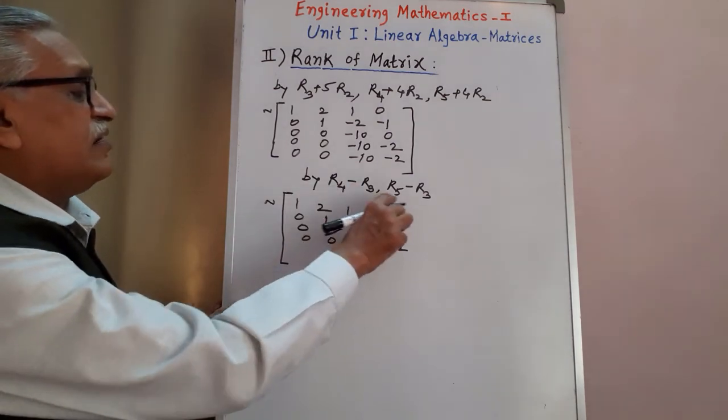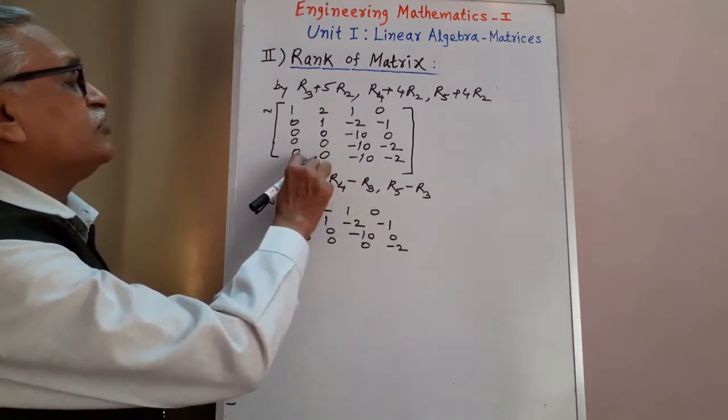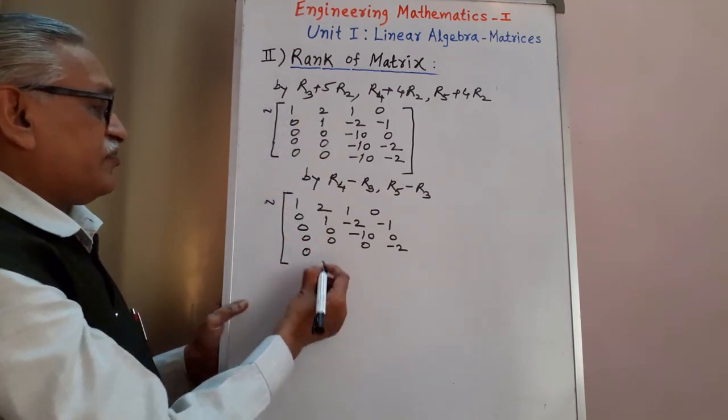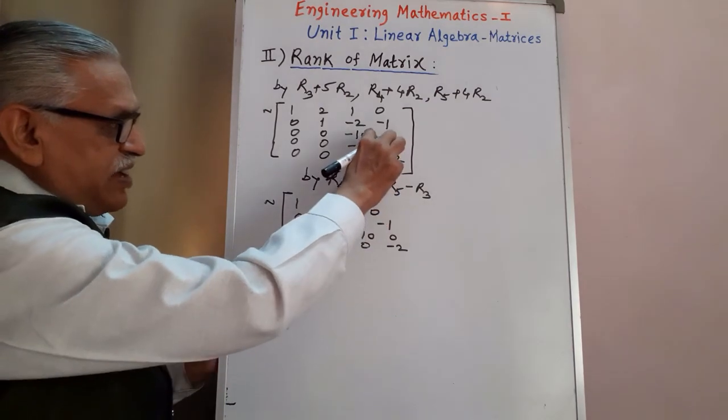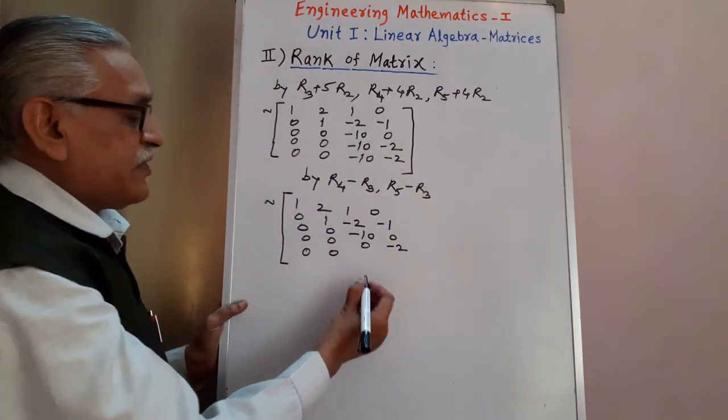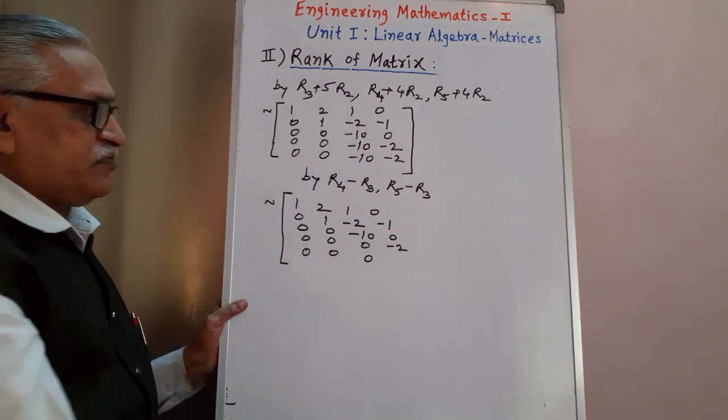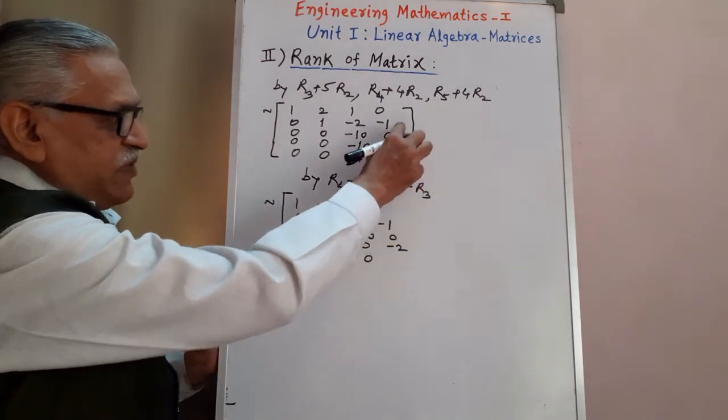And then R5 minus R3, 0 minus 0, 0 minus 0, minus 10 minus of minus 10, minus 10 plus 10, once again we get 0, and minus 2 minus 0.